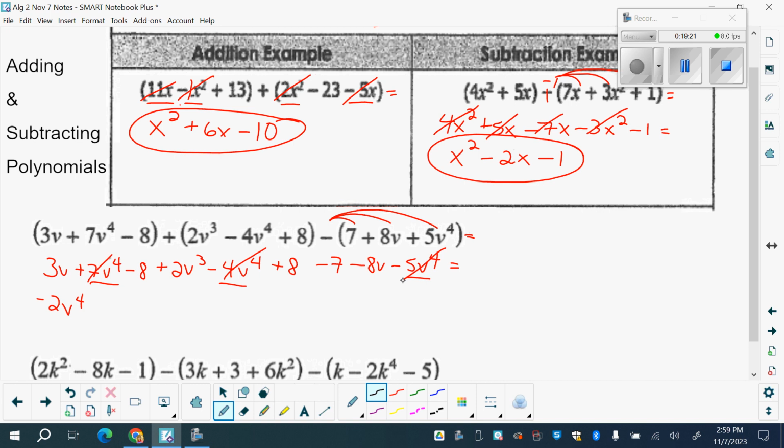Yeah, just 1, plus 2b to the 3rd. And then no squares, but we do have b's. -5b, yep. And then we've got a -8, +8, those cancel, and then -7.